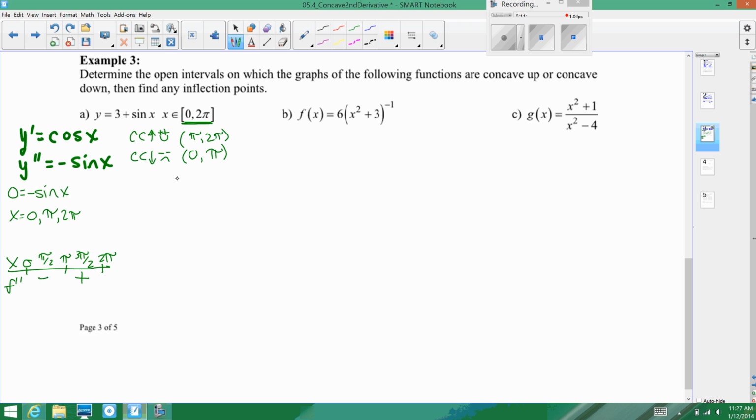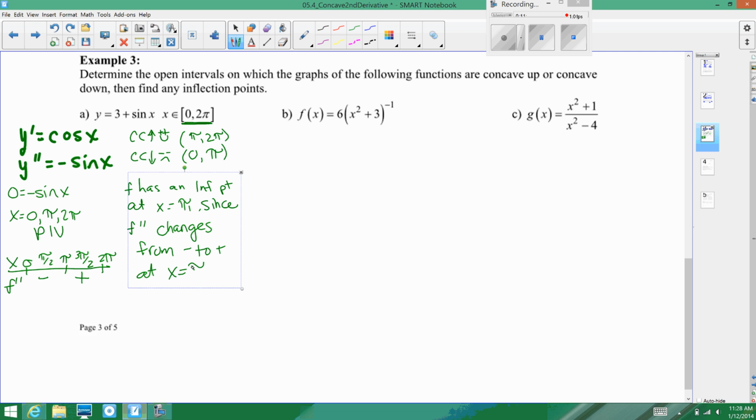And then find any inflection points, so we could say f has, and remember, these were our possible inflection values, an inflection point at x equals pi, since the second derivative changes from negative to positive at x equals pi.